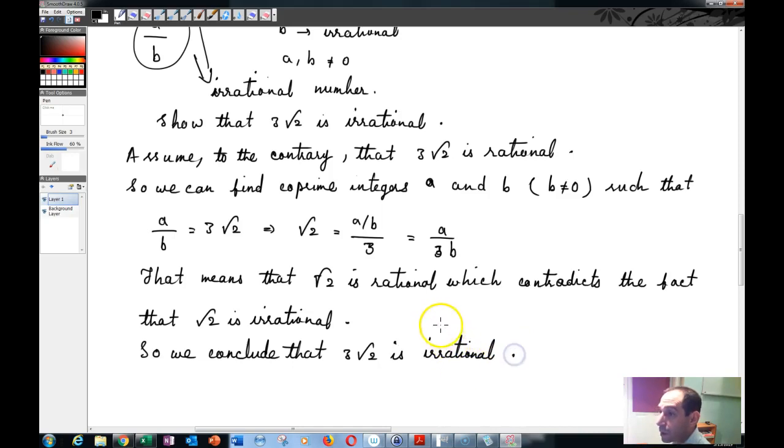Okay, so that is that. That is all that we have here. At least for now, we have talked enough about irrational numbers.